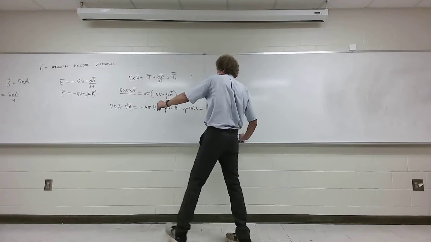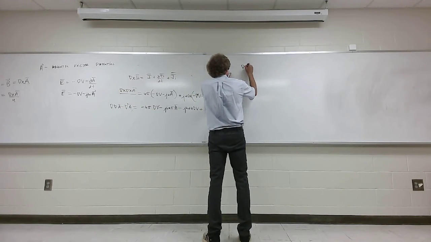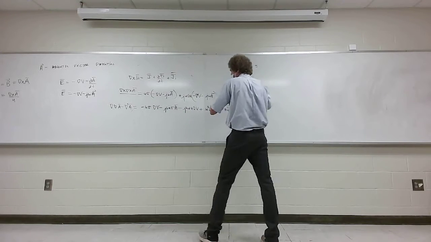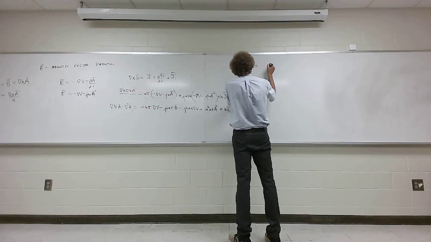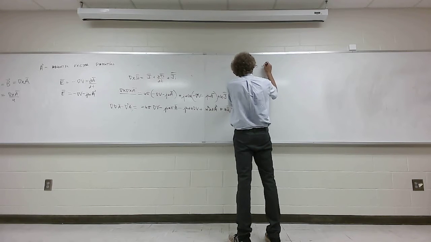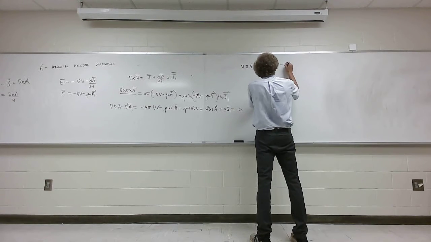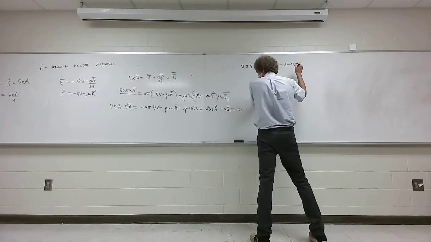Actually, I'll do this part first. I'm going to take the gradient of the divergence of A here. That's on that side. That's going to be equal to all the stuff that has gradient V in it, equal to minus mu sigma gradient of V minus j omega mu epsilon gradient V.